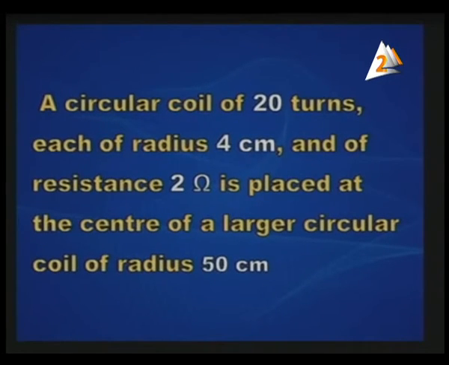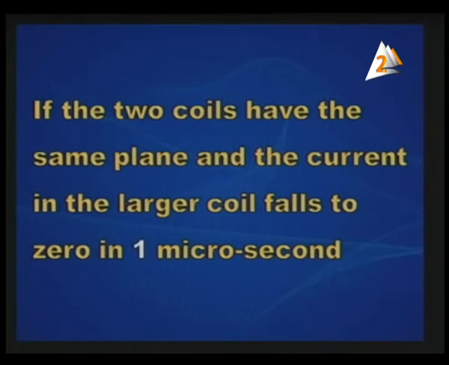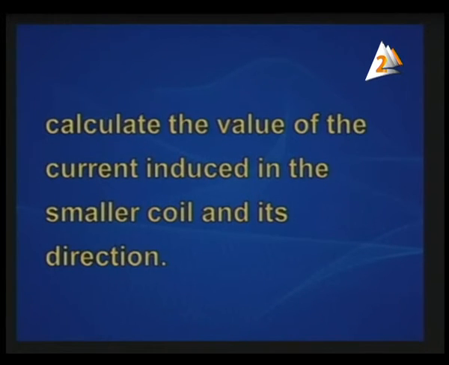It is placed at the center of a larger circular coil of radius 50 centimeters and 10 turns that carries a current of 8 ampere in the clockwise direction. If the two coils have the same plane and the current in the larger coil falls to 0 in 1 microsecond, calculate the value of the current induced in the smaller coil and its direction.